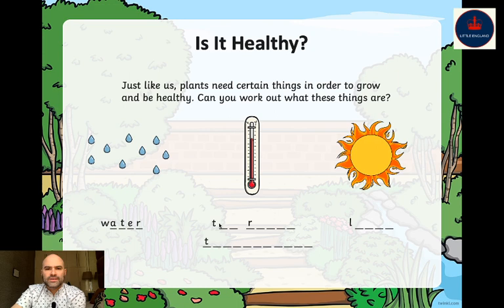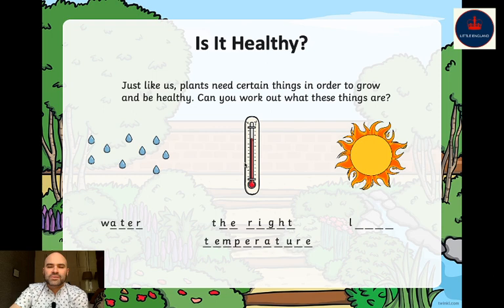T, H, E, R, I, G, H, T. So the right, T, E, M, P, E, R, A, T, U, R, E. The right temperature. What do you guys think?